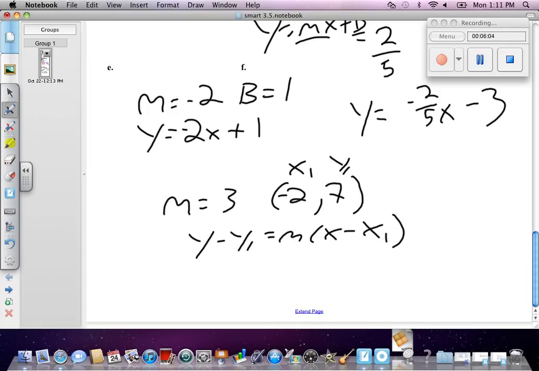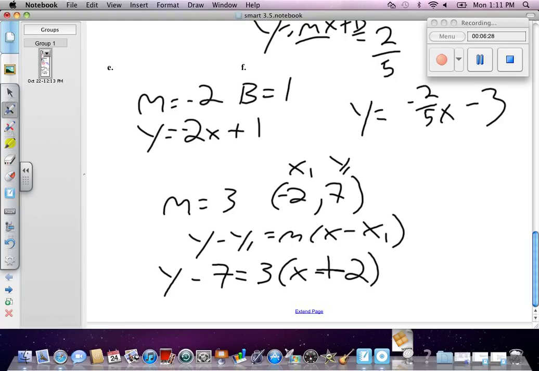So I'm going to give you the formula. y minus y1, which is 7, equals the slope times x minus x1, which is negative 2. 2 negatives make a positive. Is there any questions about this? Yes, Brianna.